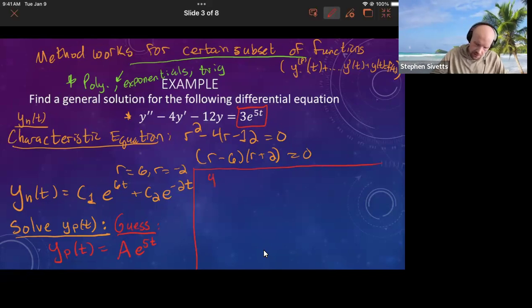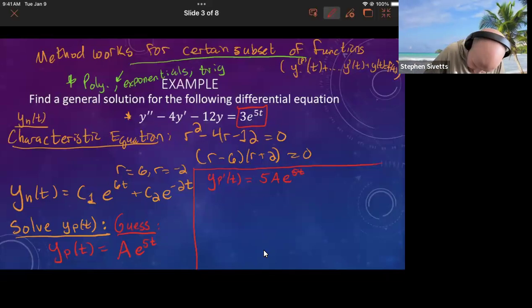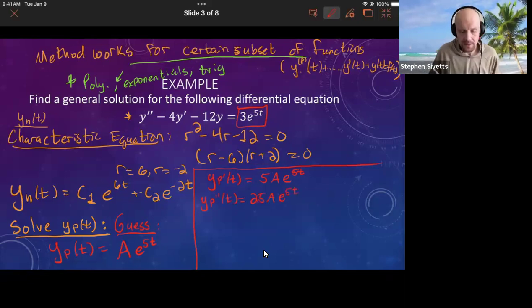So y p prime of t equals 5 times A times e to the 5t, and then the second derivative is 25 times A e to the 5t. From here, we're going to solve for the constant A.